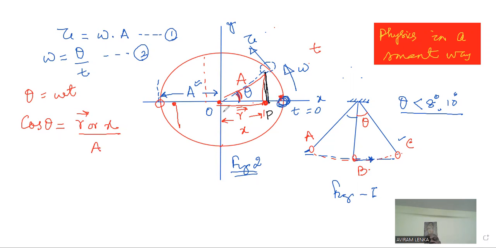You can say that the position vector or x. So then cross multiplying, r or x will be equal to a cos theta. Let me clear up some space for you.